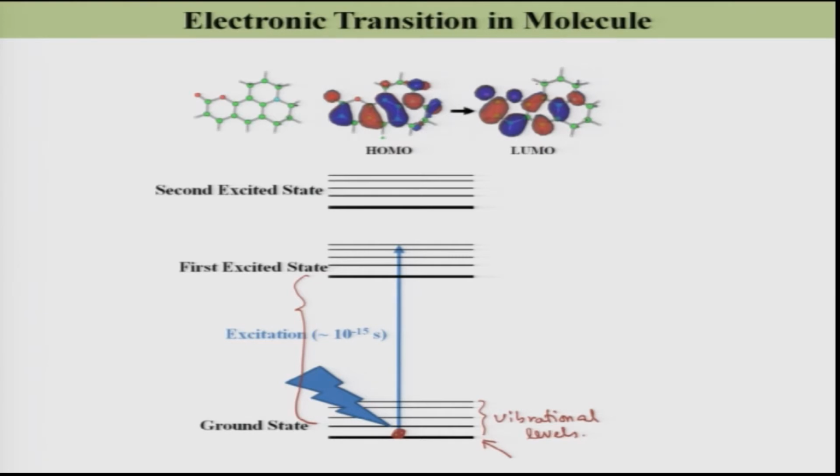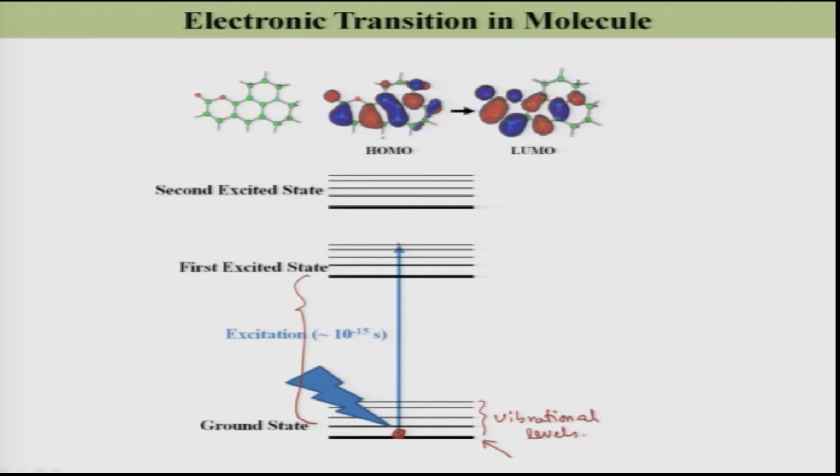That is for the atom, but for the molecule I have to talk about molecular orbitals. This is HOMO, the highest occupied molecular orbital, where 2 electrons are present, and this is LUMO, the lowest unoccupied molecular orbital, that means it is a vacant orbital. Whenever I excite a system from the ground state to this excited state, it means I take one electron from the HOMO and put it on the LUMO.